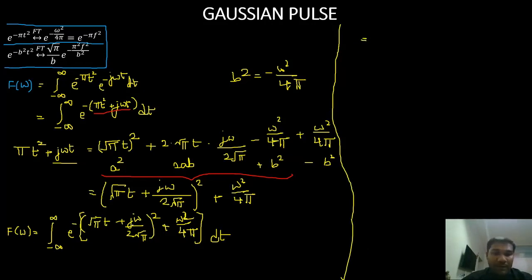So e power minus a plus b is nothing but e power minus a into e power minus b, right?